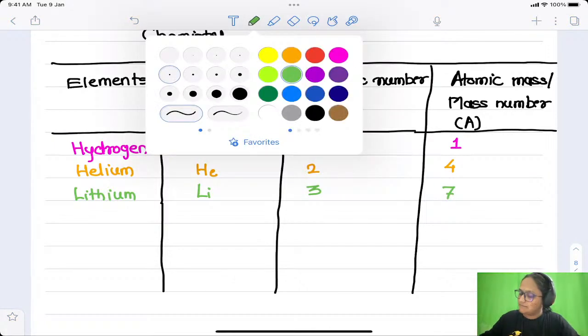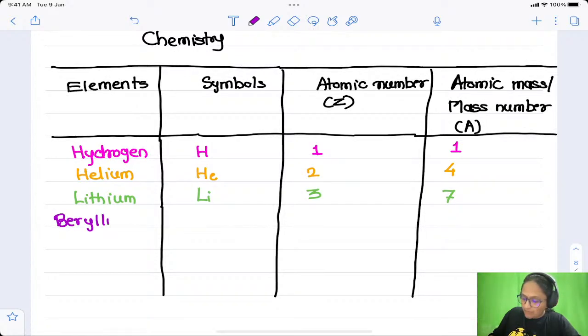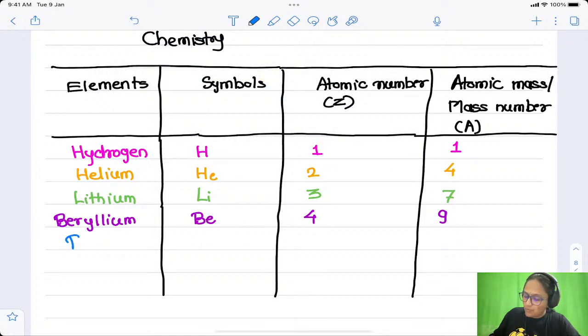Then next is beryllium. For beryllium the symbol is Be. Atomic number is 4, mass number is 9. Next element is boron. Capital B is the symbol.